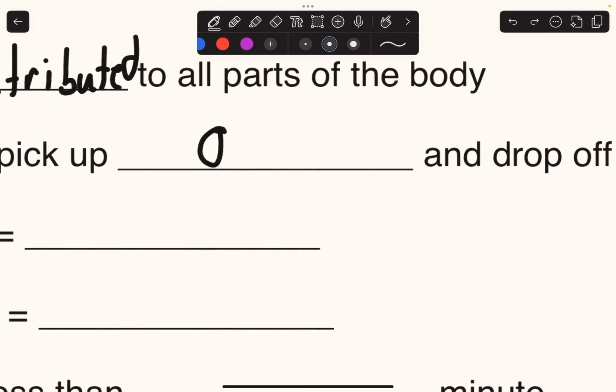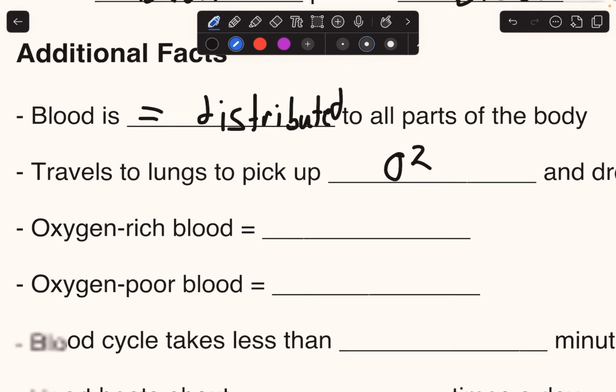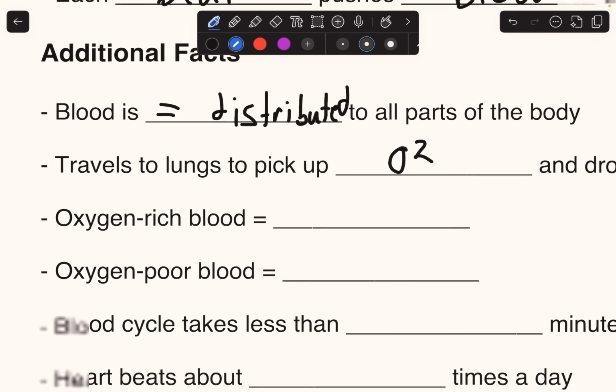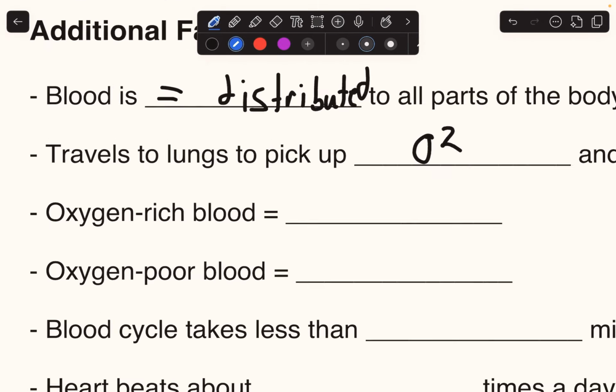Mostly in diagrams, you see oxygen-rich blood, which means it contains oxygen from the lungs, which is taken to the heart through the pulmonary vein. This is mostly depicted in red in diagrams like this one, my bad.